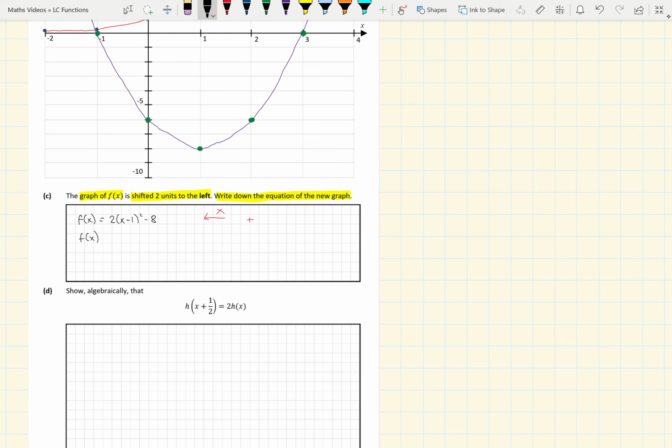So my new graph is going to be x minus 1. They shifted it 2 units. We know it's positive. And just tidy up. 2 minus 1 gives me 1, so we end up with x plus 1 squared minus 8.